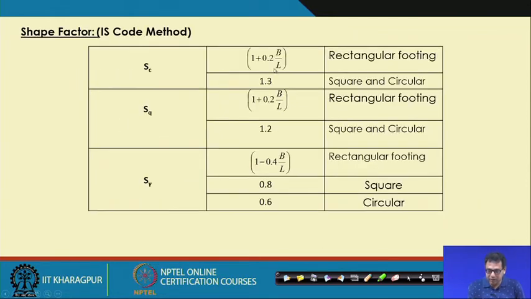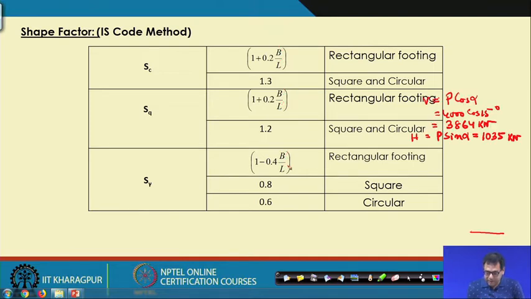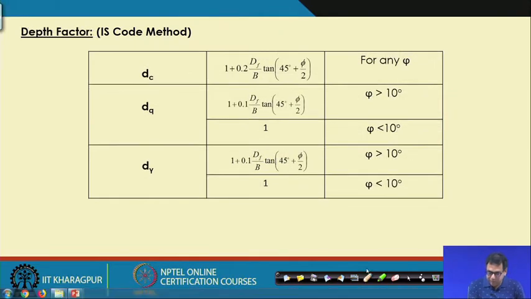So this is the table. In all the cases you have to use the effective dimension. This will be B dash, L dash, B dash, L dash, and here also it will be B dash, depending upon which one you consider, as mentioned here.